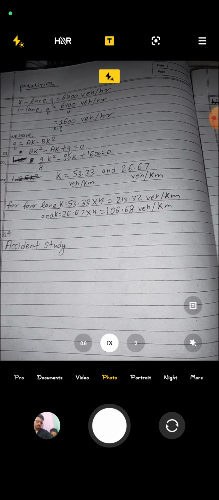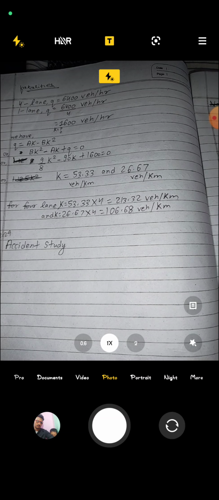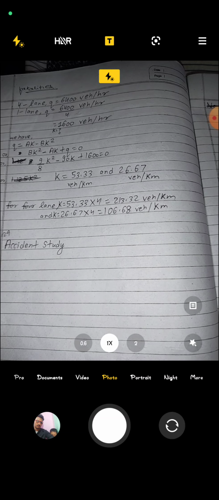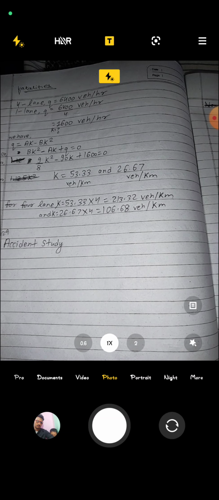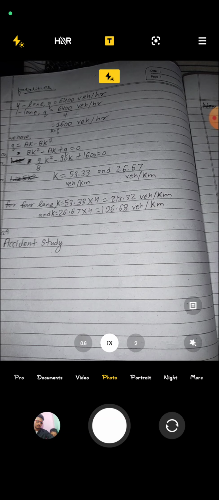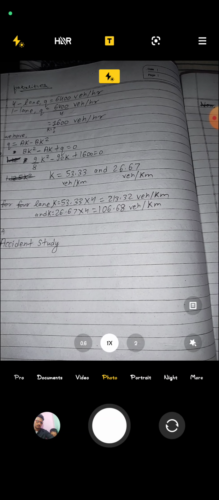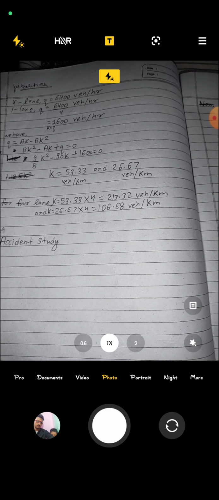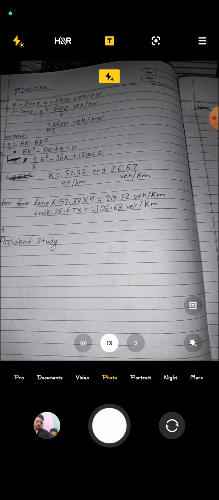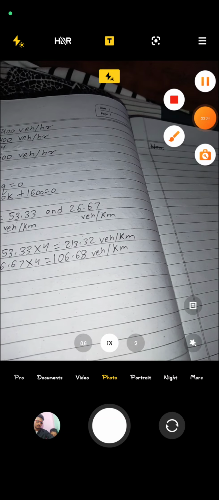Solving this, the values of K are 53.33 vehicles per kilometer and 26.67 vehicles per kilometer. For 4 lanes we have to multiply by 4. 53.33 into 4 is 213.32 vehicles per kilometer, and K equal to 26.67 into 4 is 106.68 vehicles per kilometer.